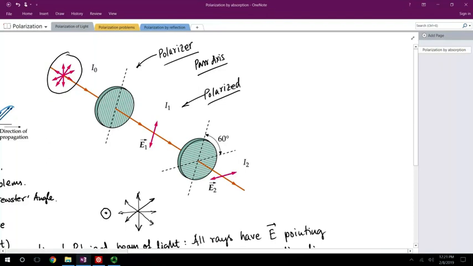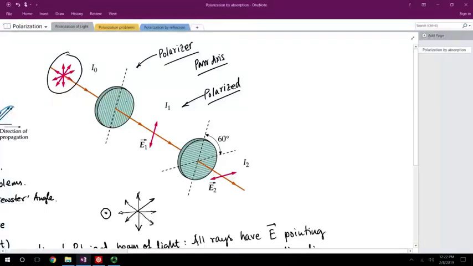This is an example of polarization by absorption, because the polarizer material is absorbing light that is not parallel to its pass axis. That's how it's polarizing the outgoing light. But this also means that the intensity of light will go down, because the polarizer is absorbing a part of the light. Okay, so let's talk about putting in a second polarizer over here.